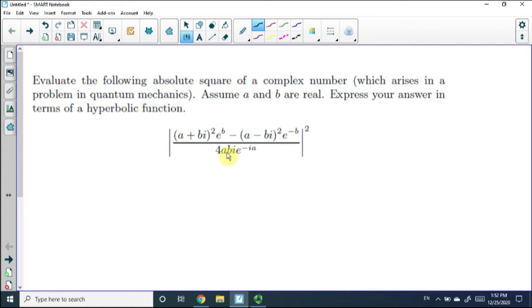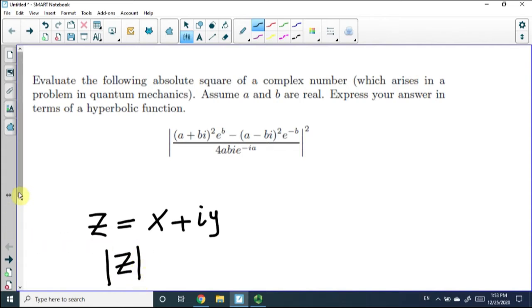Now, as I said, this problem is elementary, and let's go through it slowly to understand how to solve it. What is the meaning of this absolute square? In general, if I have a complex number z, which can be written as some real part plus imaginary part, we can define the modulus of z, the absolute value of z.